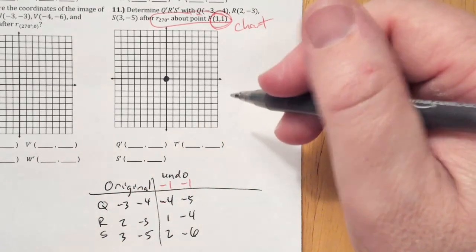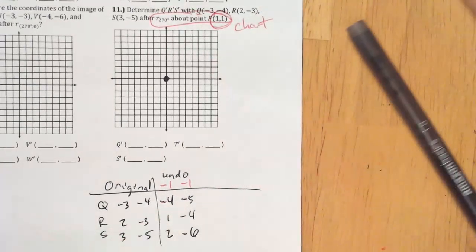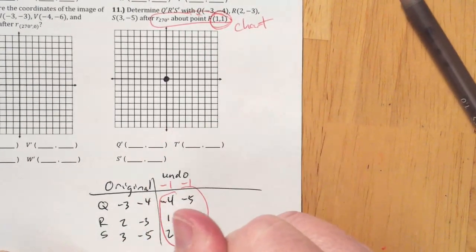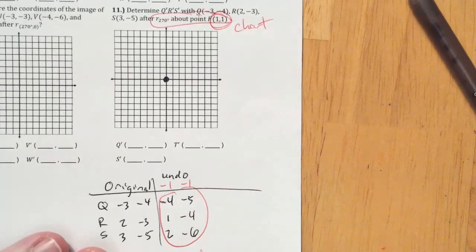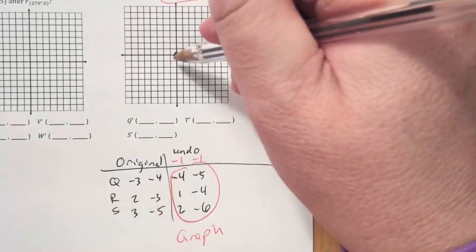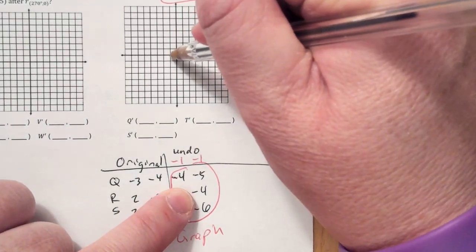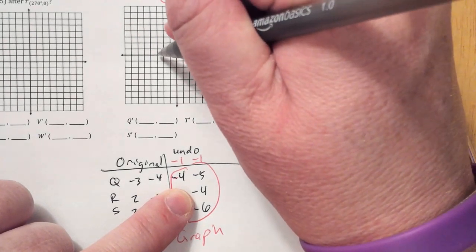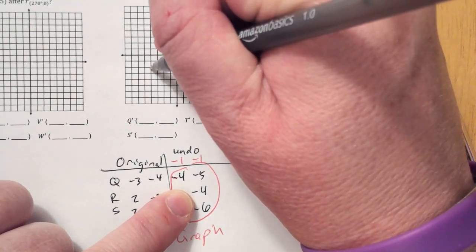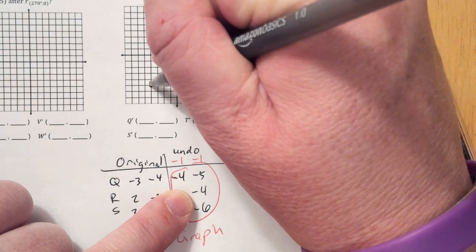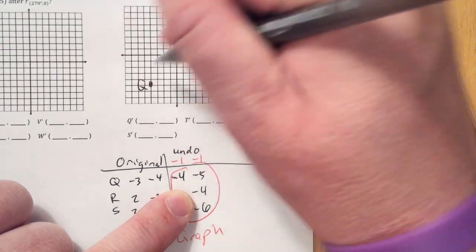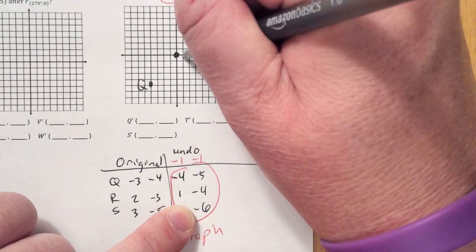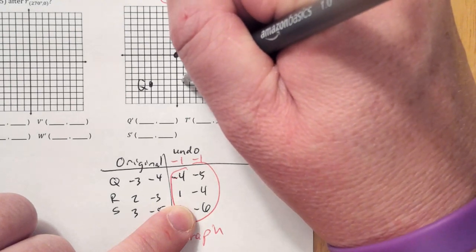All right, let's plot each one of those points. Your Q, we're going to take this and graph it. So we're going to graph our fake coordinates. That's -4, 1, 2, 3, 4, -5, 1, 2, 3, 4, 5. That's my Q. We have +1, -4, 1, 2, 3, 4.